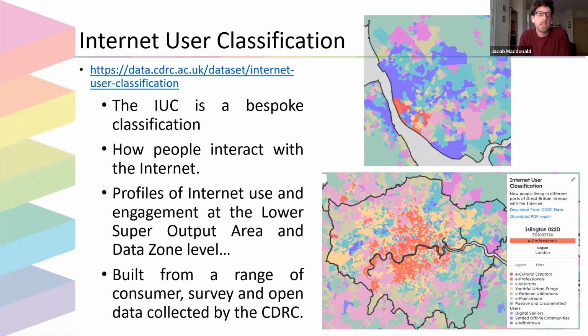What the internet user classification is, it's generally a clustering that looks to explore how people interact with the internet and combine that along with local internet infrastructure.